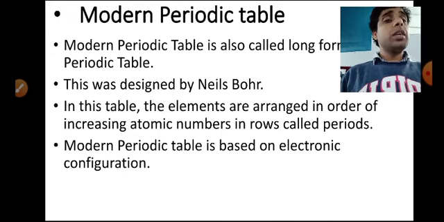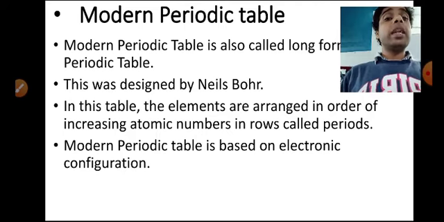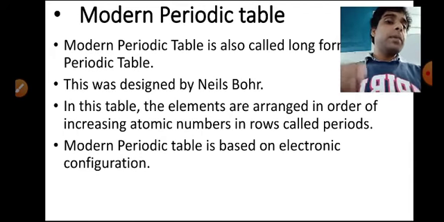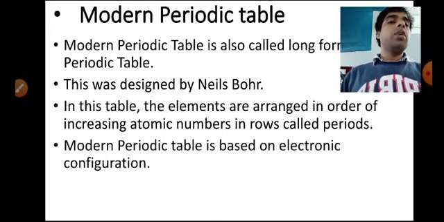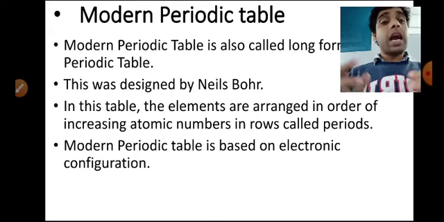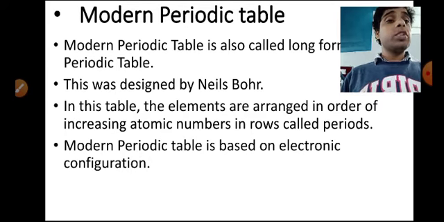We cannot derive the electronic configuration from the atomic masses. Valency, group number, period number, everything we can obtain from the electronic configuration. Just after writing the electronic configuration, we can say directly which period and which group the element belongs to.